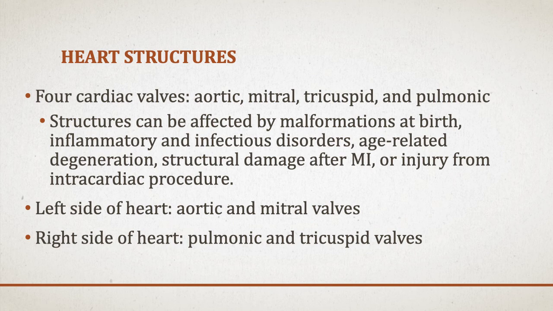Structures can be affected by malformations at birth, inflammatory and infectious disorders, age-related degeneration, structural damage after an MI, which is a myocardial infarction, also known as a heart attack, or injury from an intracardiac procedure, such as a cardiac cath or a CABG. Your left heart side consists of the aortic and mitral valves, while your right side consists of your pulmonic and tricuspid valves.